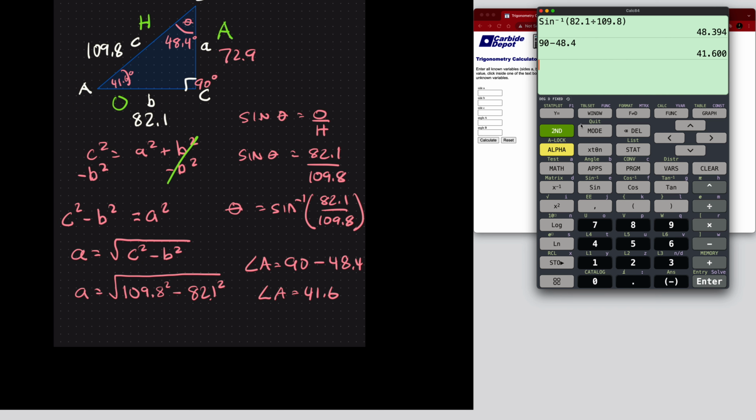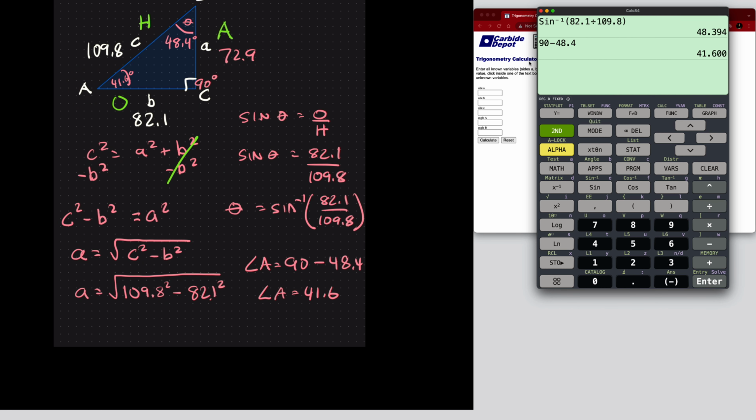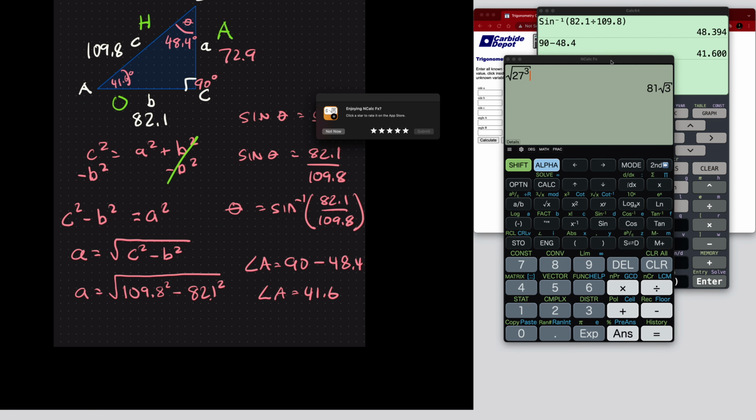This calculator has a fraction function on it too. I can't remember how to do it on this one, but I have another one right here where the fraction function is right here. If I was going to punch this in on this calculator, I would be looking for sine.